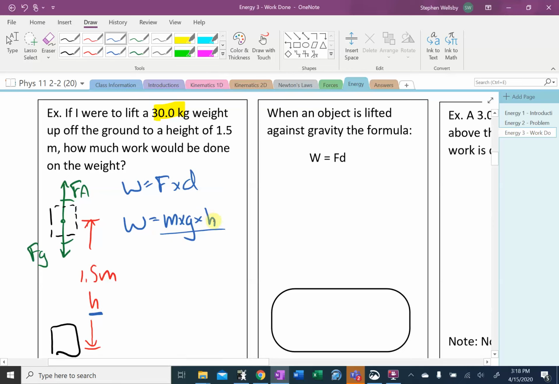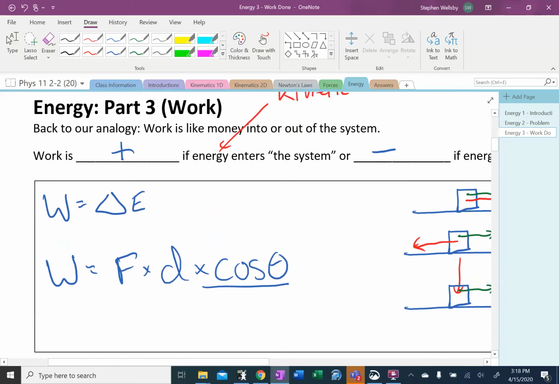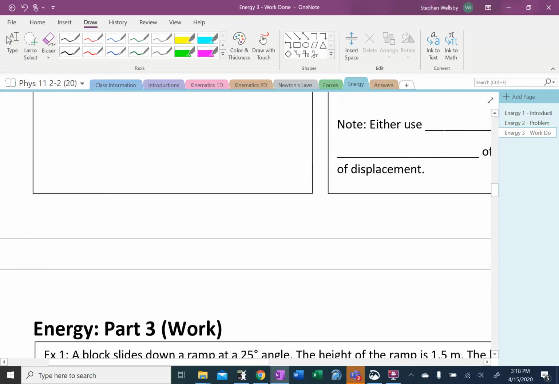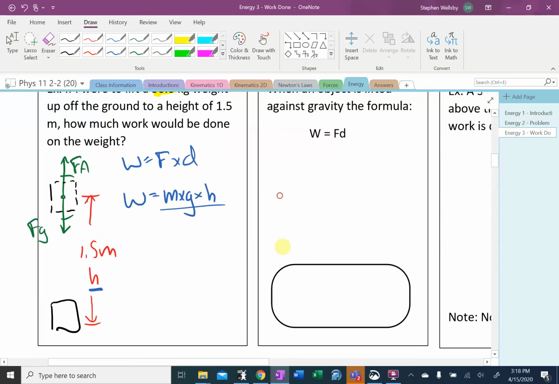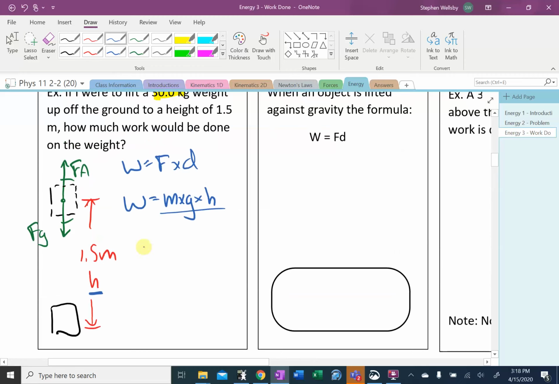Now, the reason why you're recognizing this is because we've done this for the last 2 weeks. This is our formula for potential energy. So the work done, again, is tying it to this formula up here. We said it's the change in energy. It's going to be our final energy minus our initial energy.